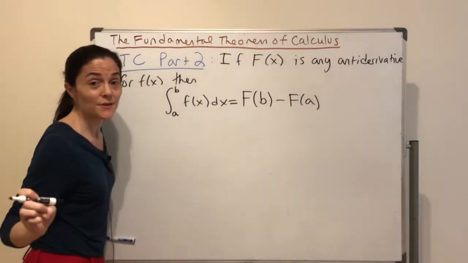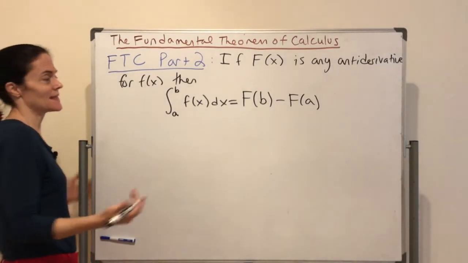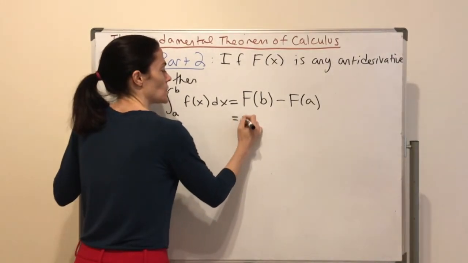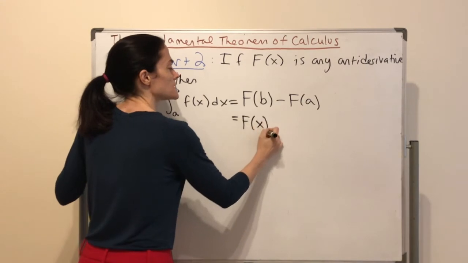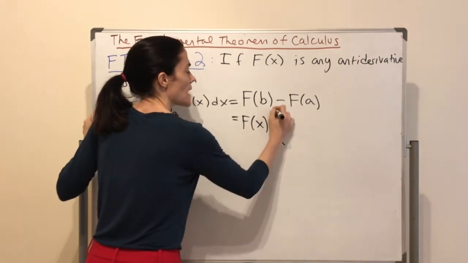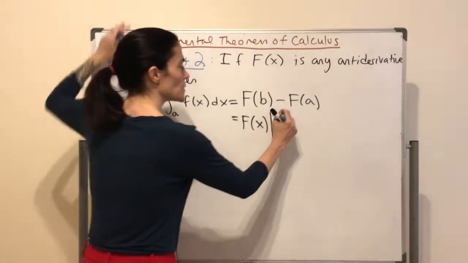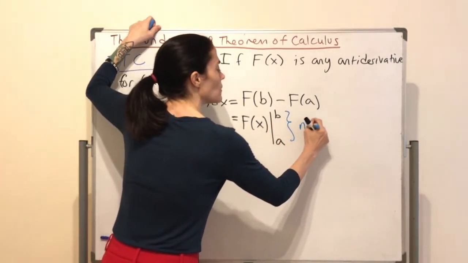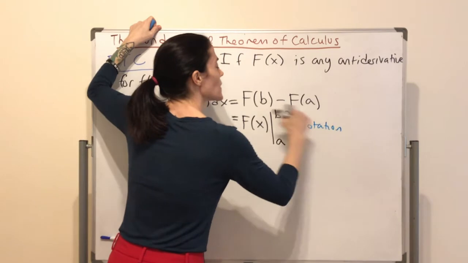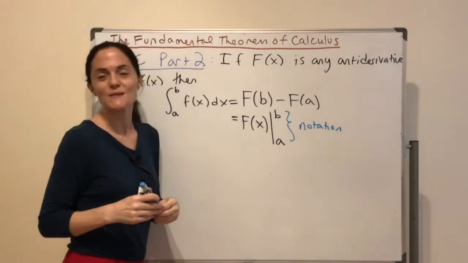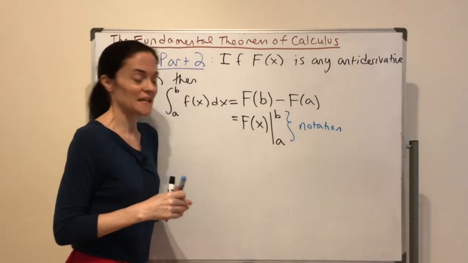And this has other notation. It looks like this. You will see capital F of x evaluated between a and b. So this, I will just add here, is sort of notation for exactly what is above. And we will see that as we work definite integrals.